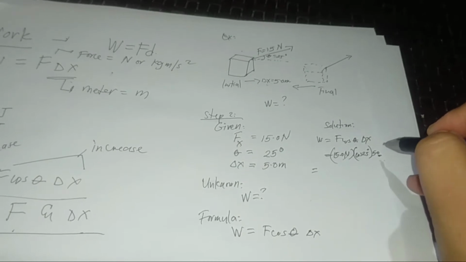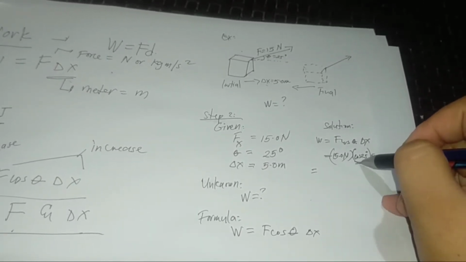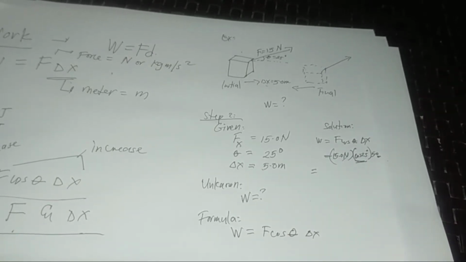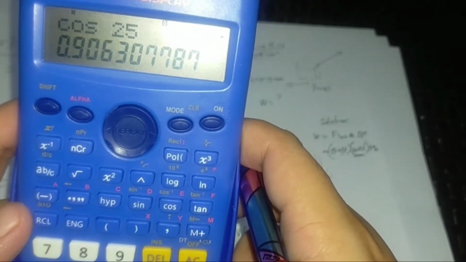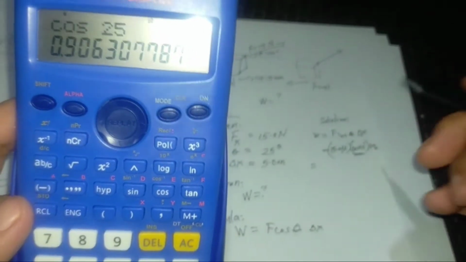In solving this problem, first you need to determine the value of cosine 25 degrees. Take note, just use 2 decimal places. We have cosine 25 equals 0.906, so this will be 0.91.